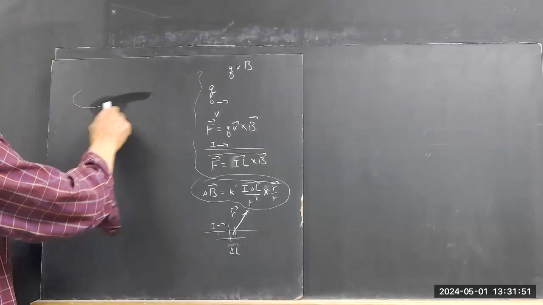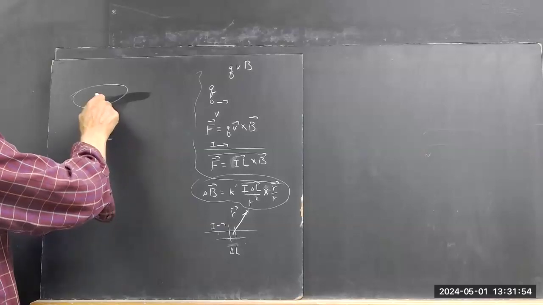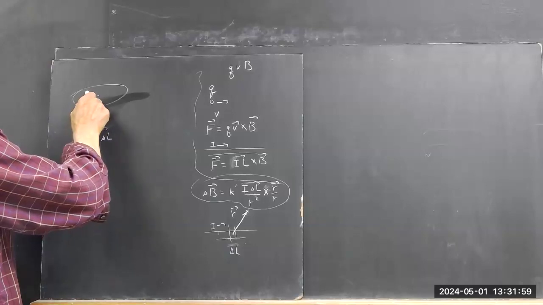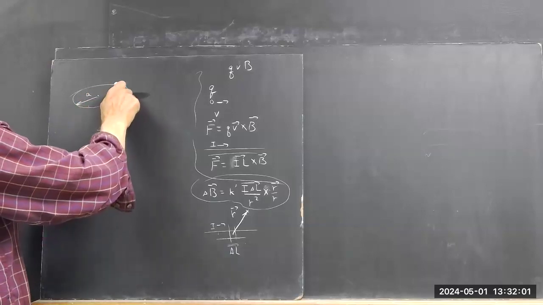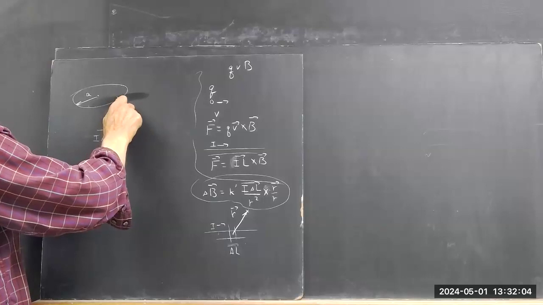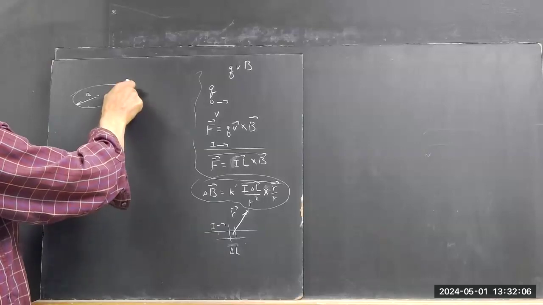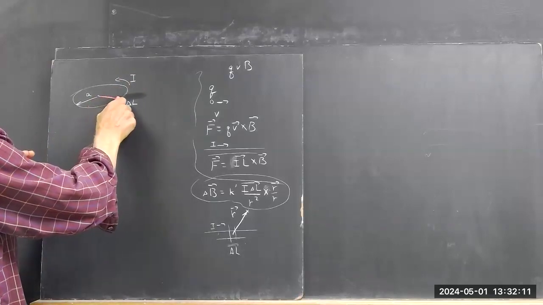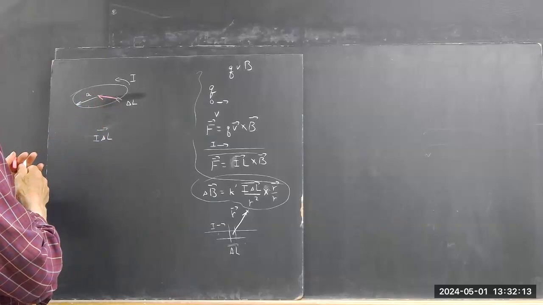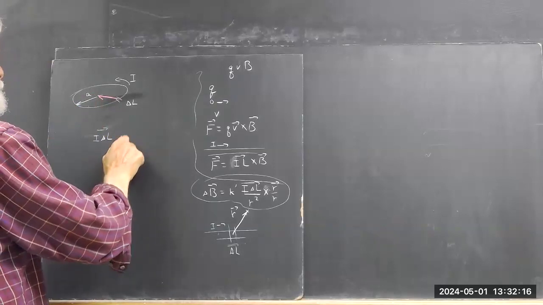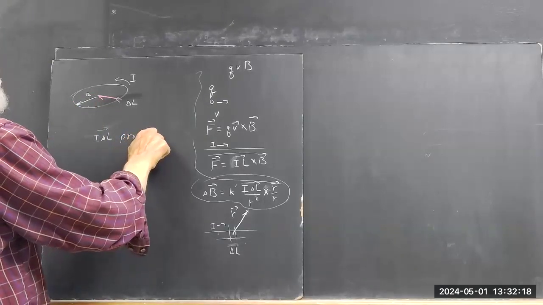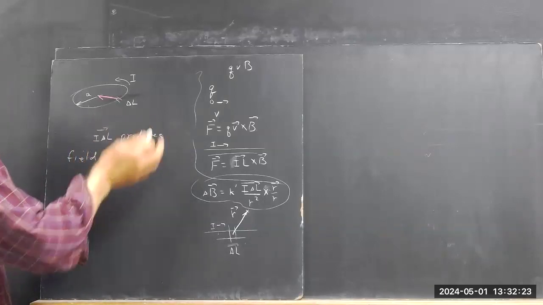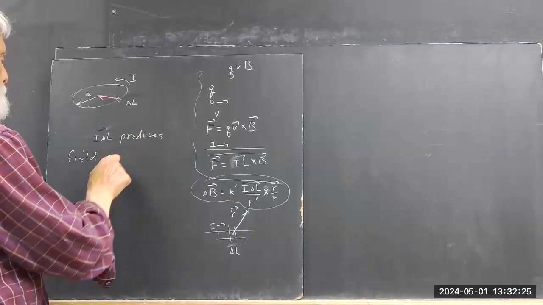Okay, so you've got a loop. Badly drawn loop. We've drawn this and gone over it in detail. You got radius A, and you've got some delta L here, you've got current I. Then your R vector is... I delta L produces field.